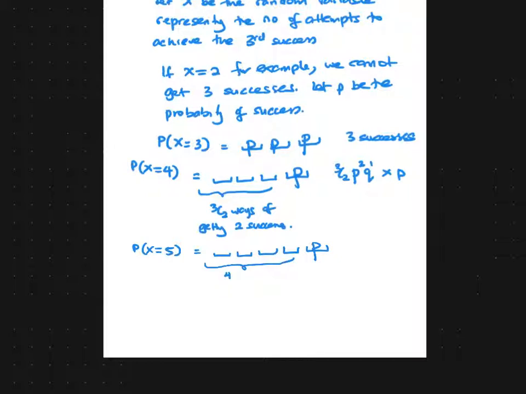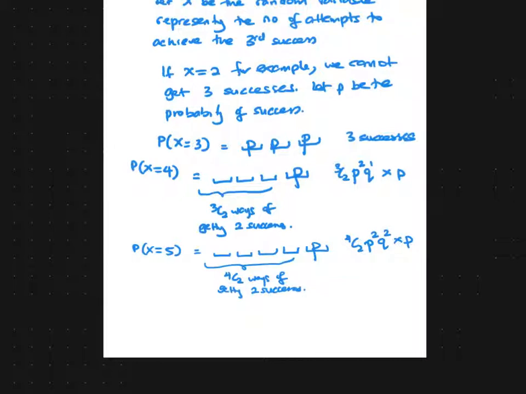So there are 4C2 ways of getting 2 successes, and there is another binomial, so the probability of x equals 5 is just 4C2 times p squared q squared times p.